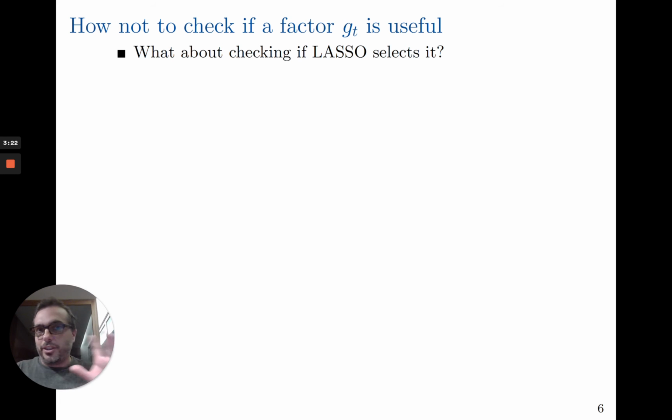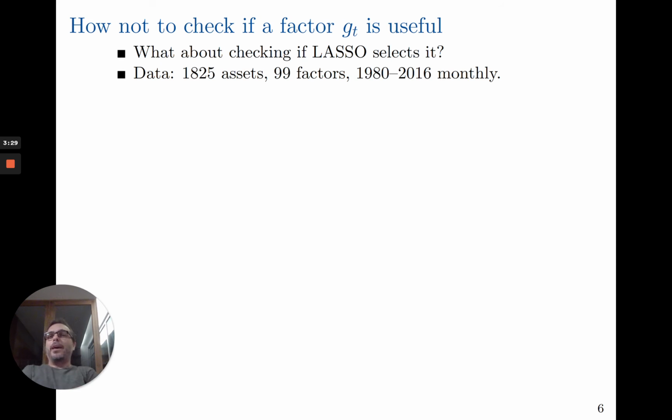Let's pick a factor G, a general factor, and see if Lasso selects it. What we have here is a data set of 1,825 different assets. We have 99 factors, and we have monthly data from 1980 to 2016.